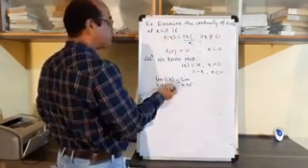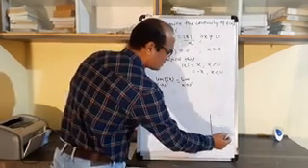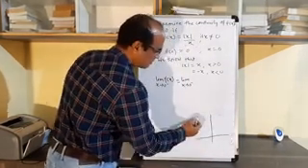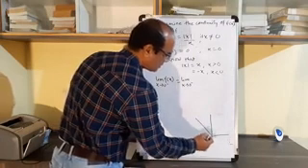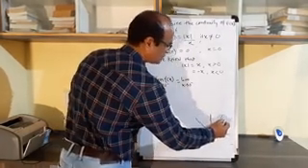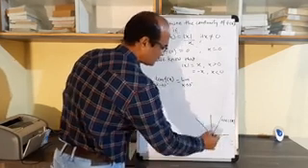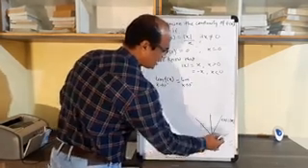Now what is the graph of the mod x function? This is f(x) is equal to mod x, so we draw the graph of this function like that.